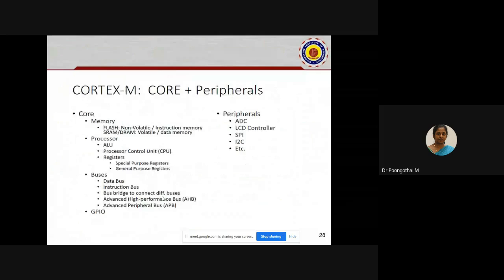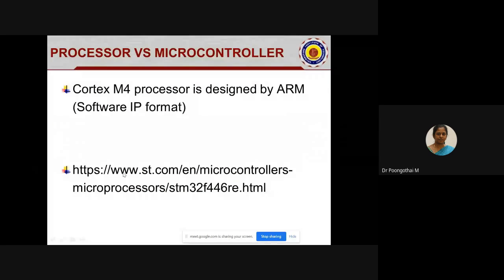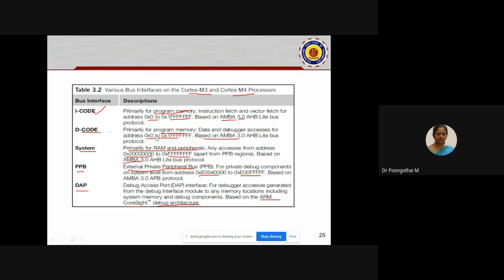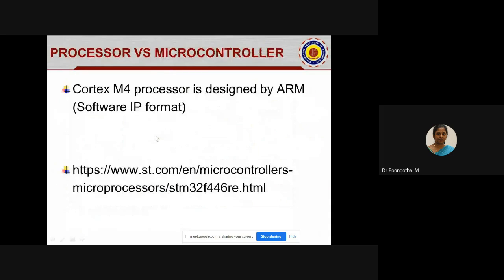So let me explain this. The core is designed by ARM. This particular core and all its associated peripherals are provided in software IP format, which means intellectual property format.